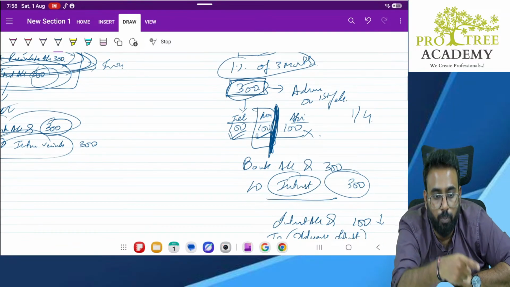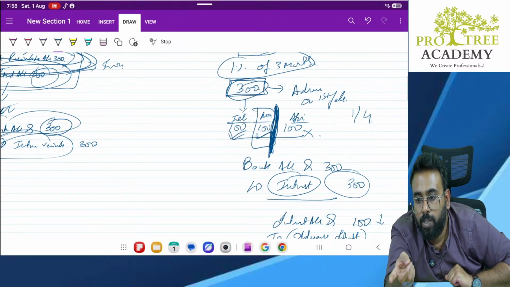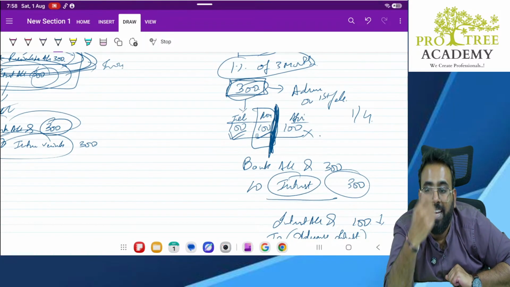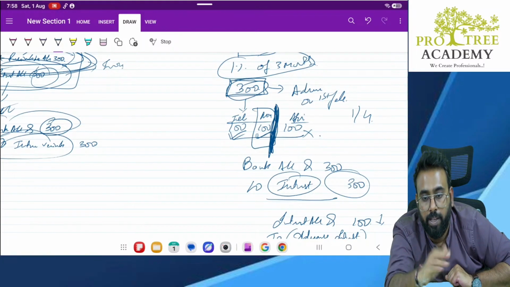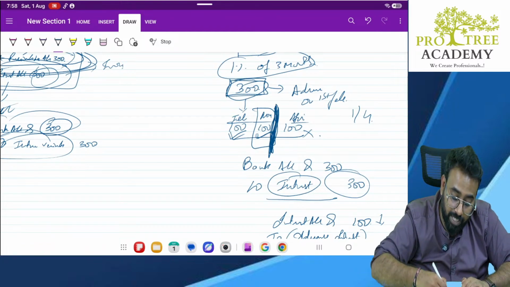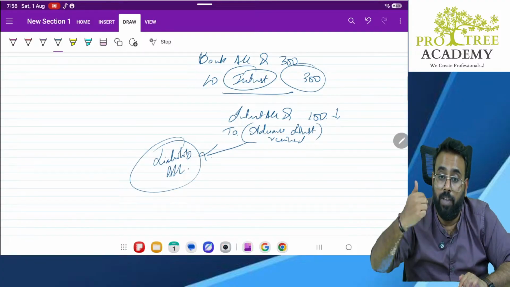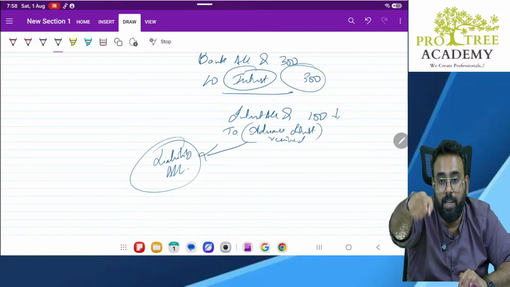Why? They are giving you principal, they have already given 2 months' money. What are they not giving? 1 more month's money. Why are they not giving? Because they are repaying your original money. If they repay the original money, why will they pay the interest? Understanding? So in such a case, whether the bank has a right to ask the money from us? Yes, sir. Whether we have an obligation to pay them? Yes, sir.